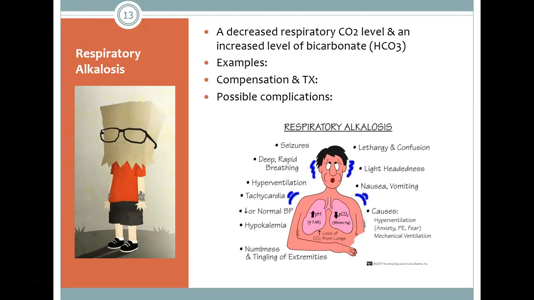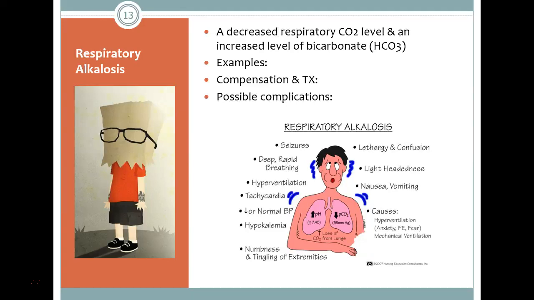And once they start to calm down and they start to reabsorb that CO2, their lightheadedness will go away. The tachycardia should slow down and eventually be within the normal range.